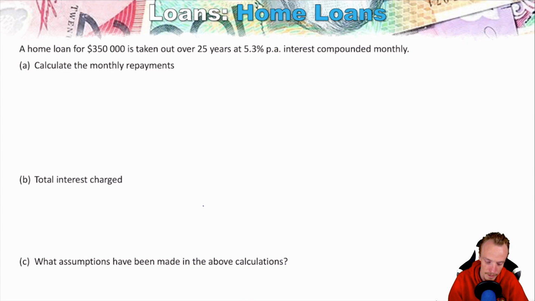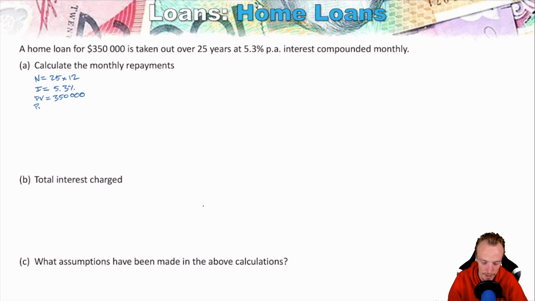To do that, we're looking at a 25-year loan that's compounding monthly. So the total compounding period is going to be 25 by 12. The interest rate here is 5.3%. The present value, now this is really, really important. You've got to remember that the $350,000 you're taking from the bank at the start of the loan, so it's going to be a positive when we plug it in here.